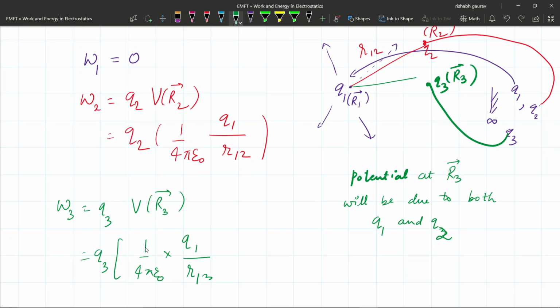Let's say this distance is R13 and this distance is R23. This will be Q1 by R13 plus the potential due to the charge Q2, which will be given by Q2 by R23.